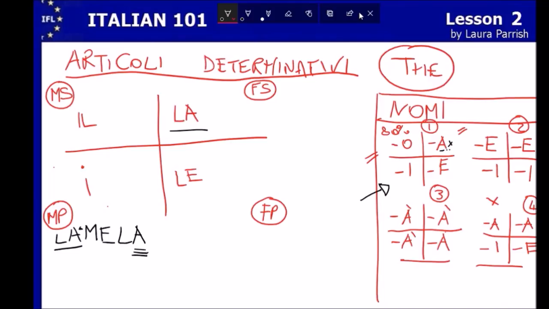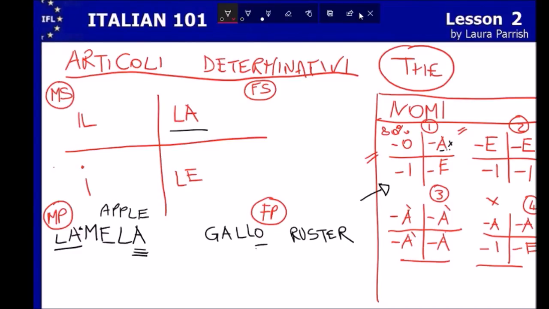Okay? Let's go with another word. Let's say gallo. Okay, gallo is a rooster. Let's also write that it is a rooster just in case my pronunciation is not clear. Okay, this is what gallo is. Mela instead is the apple. Now let's see gallo.